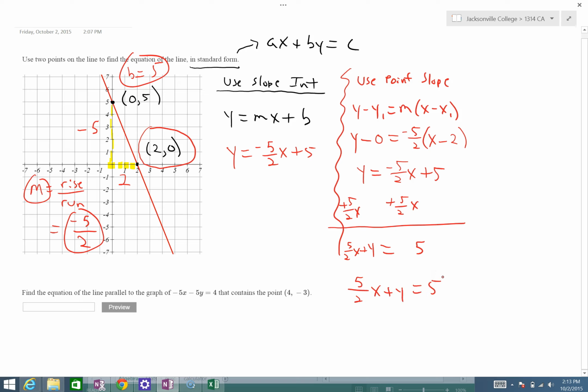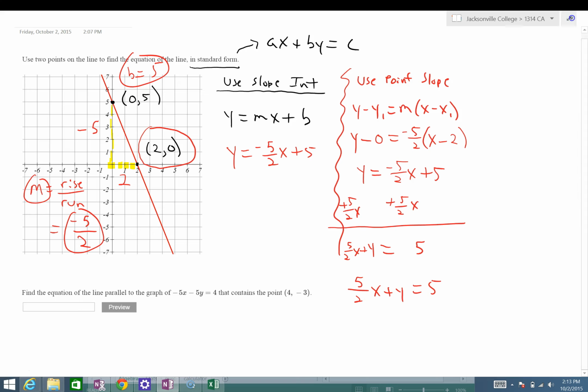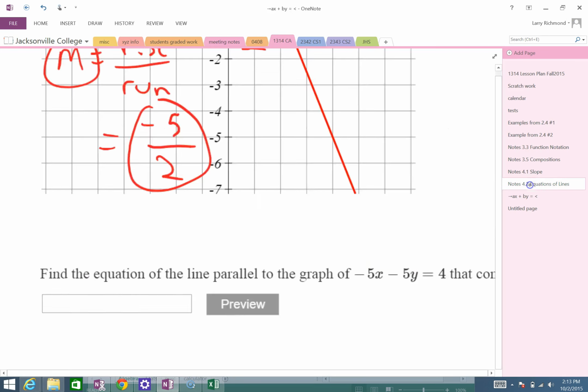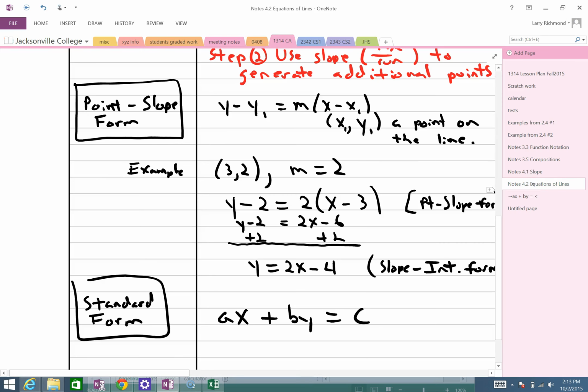One last thing about this form, going back to our notes. A, B, and C are integers.